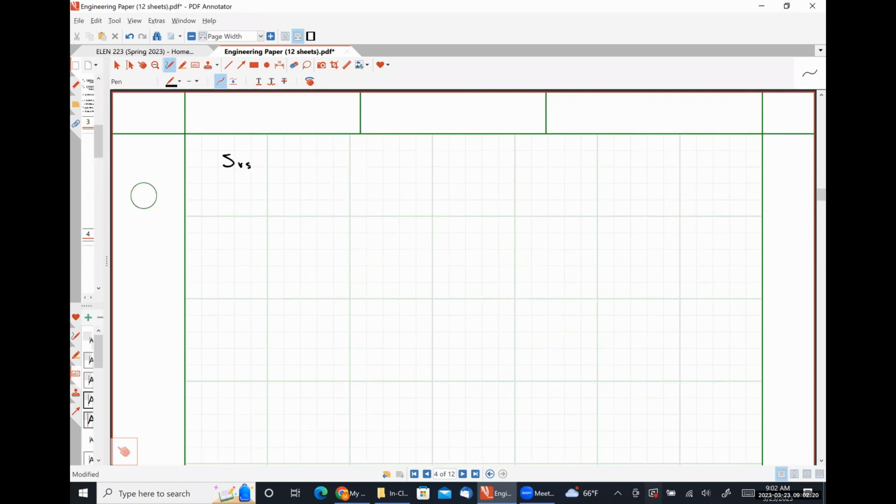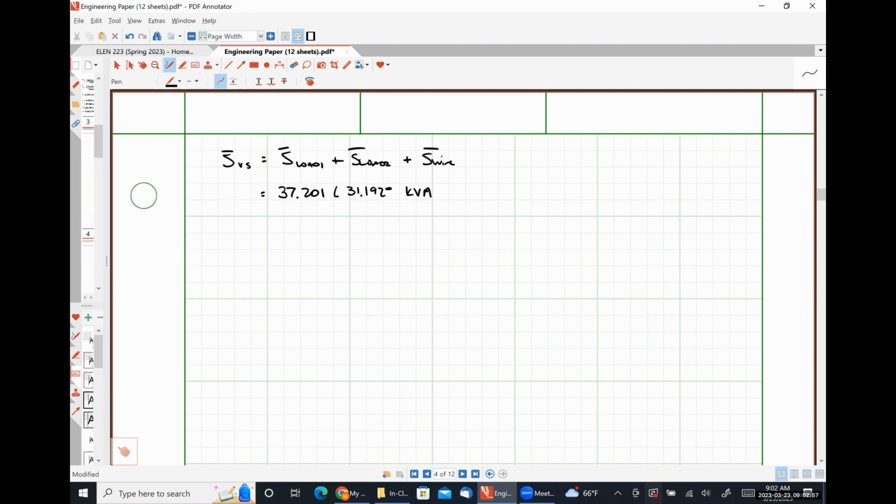So S VS is S load 1 plus S load 2 plus S wire, which I get to be 37.201 with an angle of 31.192 degrees kVA, when you add those three numbers together.